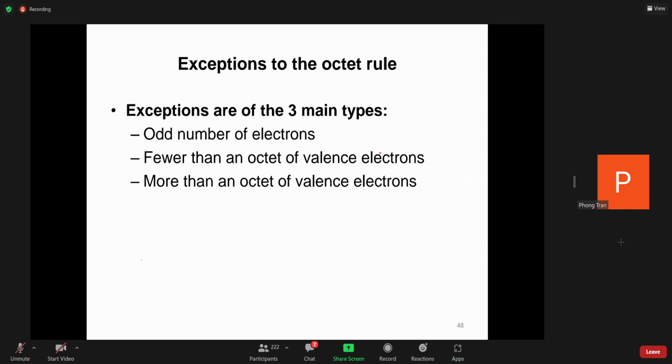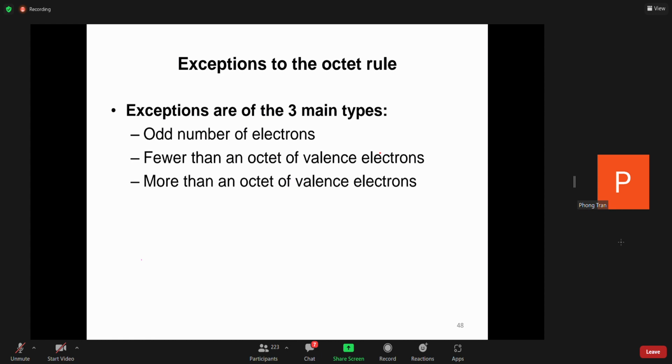Of course, in chemistry, when you have a rule, you will have exceptions. So when we talk about the Lewis structure and the octet rule, you have three main types of exception. First, an odd number of electrons. For the case of NO2, you see the nitrogen has an odd number, 5 electrons. So in this compound, you cannot satisfy the octet rule, because the total number of electrons on the nitrogen will never be 8.